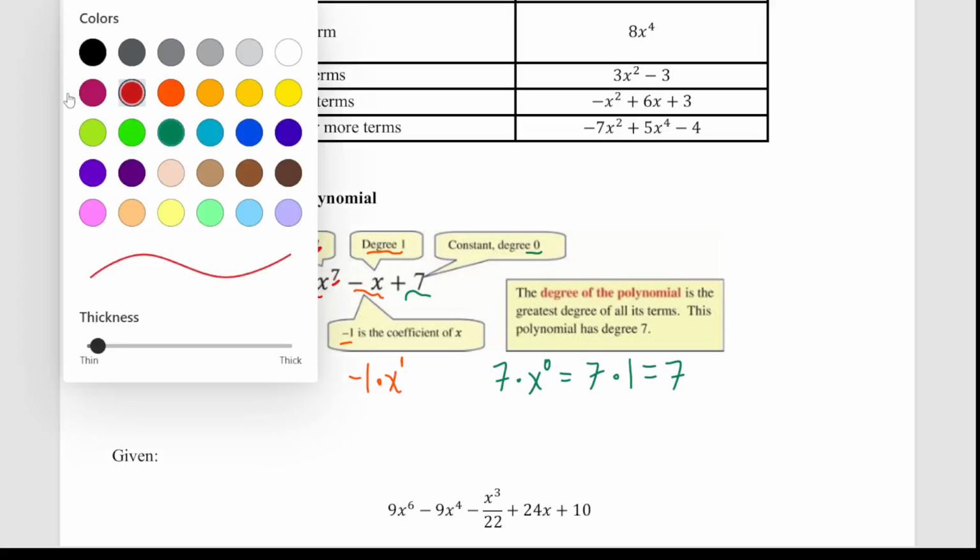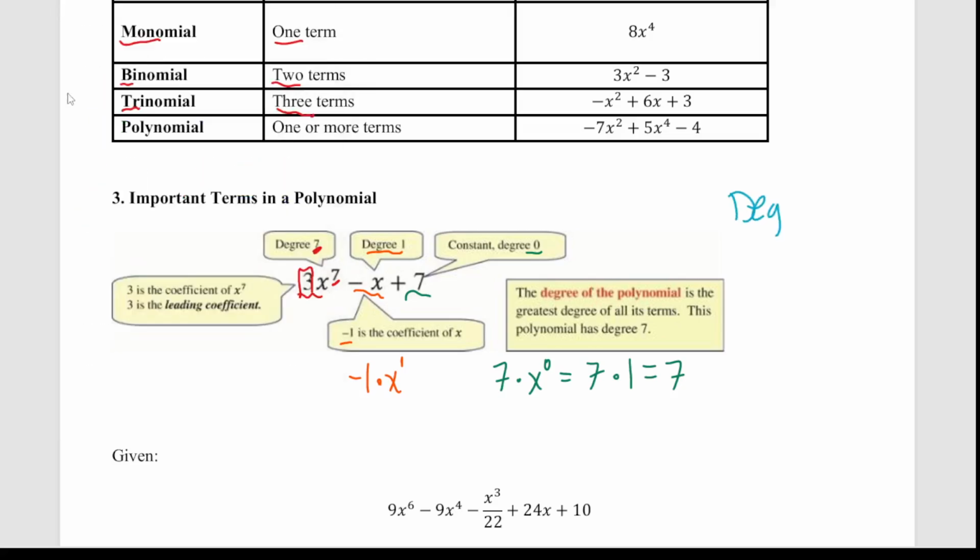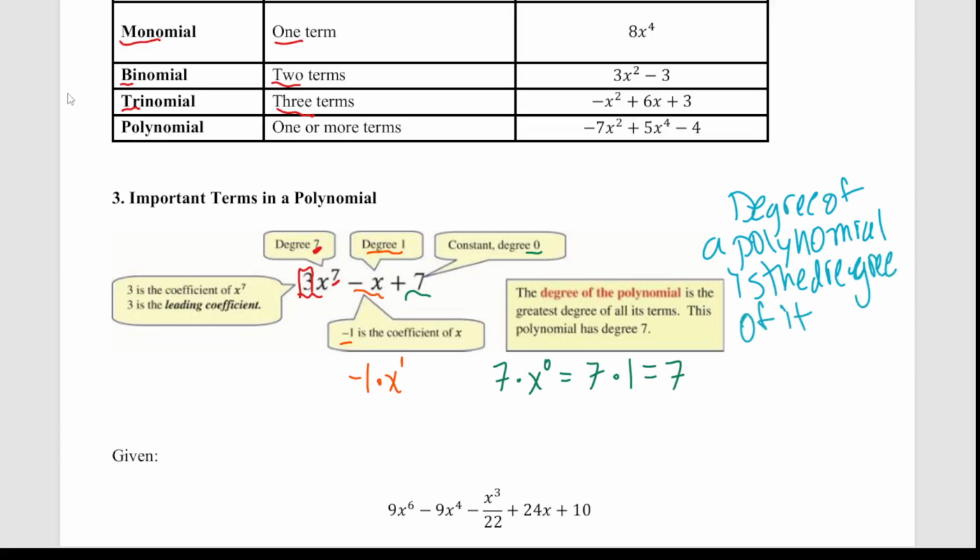Now, for the whole polynomial, if we ask for the degree of the entire thing, the degree of a polynomial is the degree of its highest degreed term, which is more formally known as the leading term.